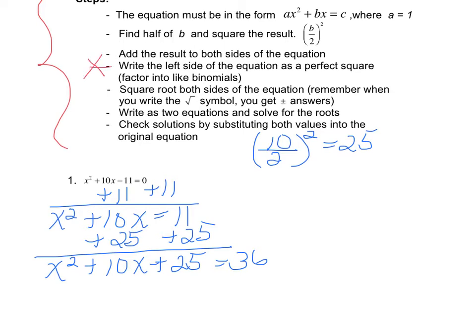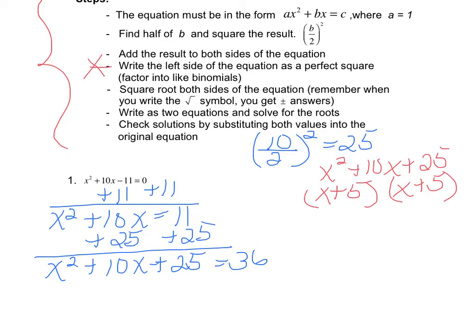Now the next step may be a little complicated. It says to write the left side of the equation as a perfect square, which means if I factor it, I want to make sure both of my factors are exactly the same. So I'm going to go off to the side of my paper here, and I'm going to take x squared plus 10x plus 25 and actually factor it. I can't GCF, so I'm going to go to 2 binomials. I get an x and an x, factors of a positive 25 that'll give me 10, plus 5 and plus 5.